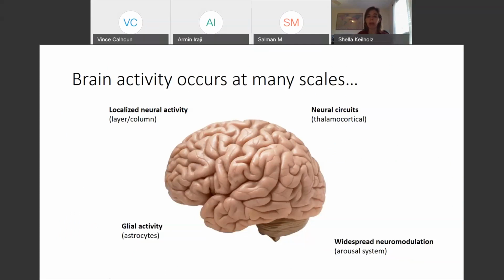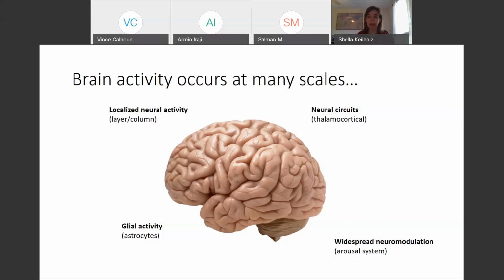We have different layers where you have stuff coming in maybe to layer 4 and outputs coming from other layers to go to different cortical areas. So there's a really complex structure to brain activity, ranging from single synapses and millisecond time scale to this whole brain activity that maybe is influenced by neuromodulation or physiological states, and that might change over the course of minutes.